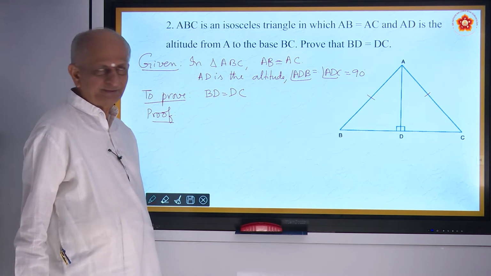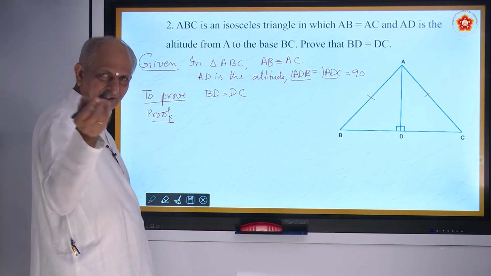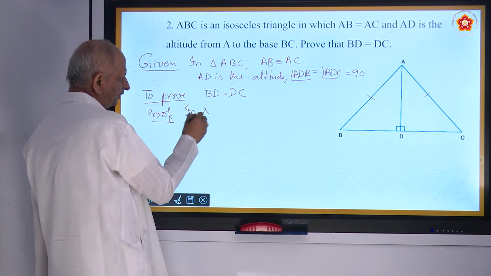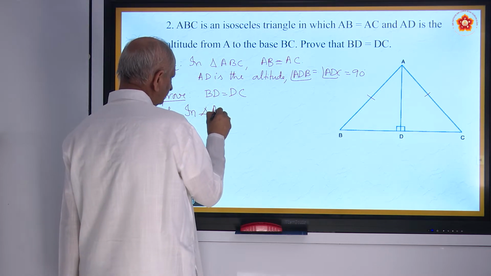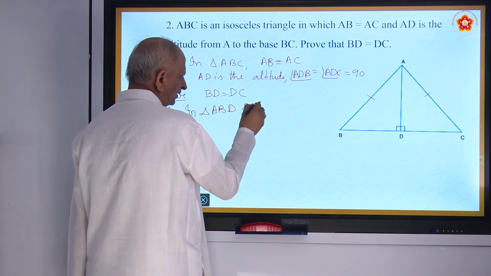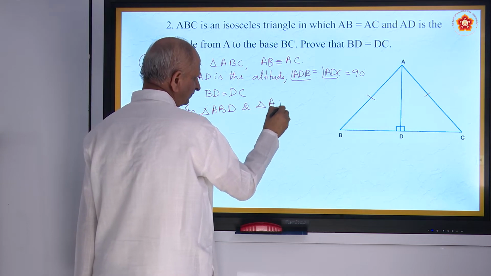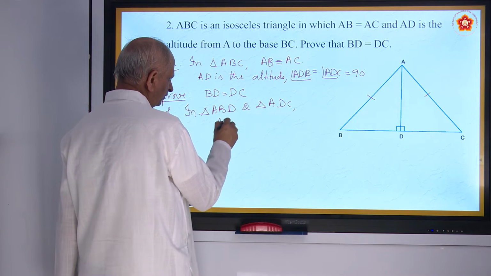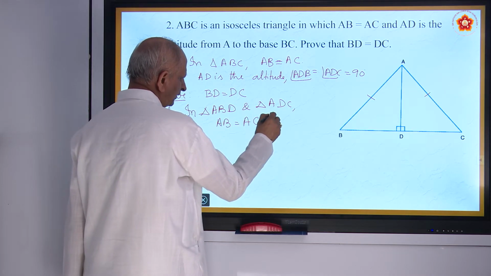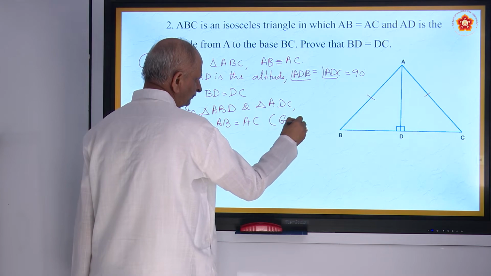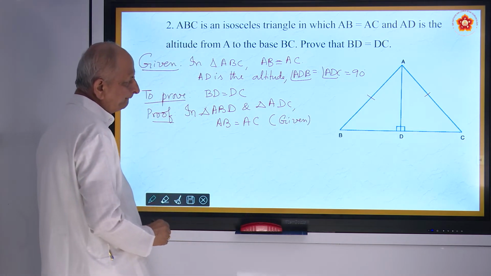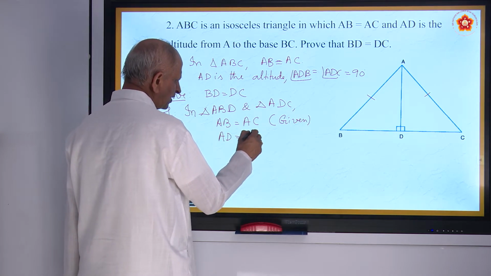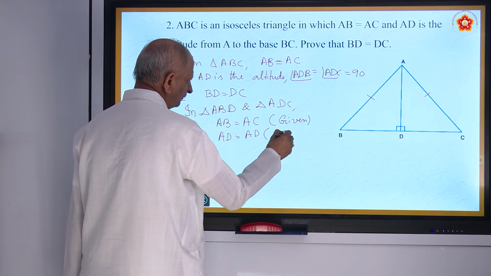You have got two triangles, right? Writing down? Okay. What are the two triangles? In triangle ABD and in triangle ADC, we have AB is equal to AC, given, and AD is a common side. AD is equal to AD, common side.